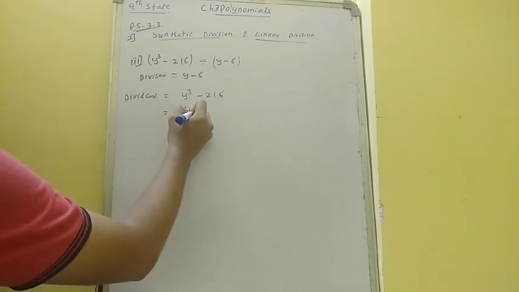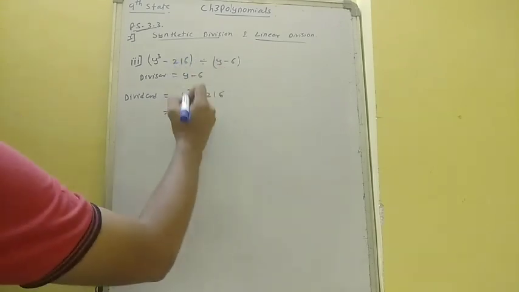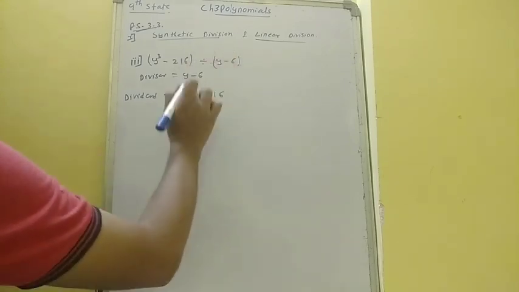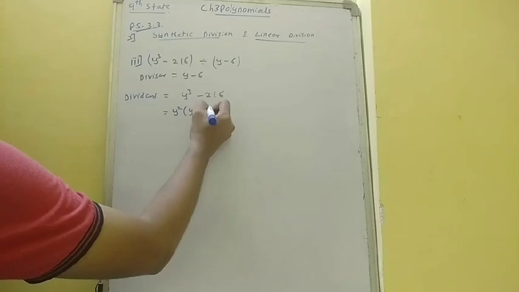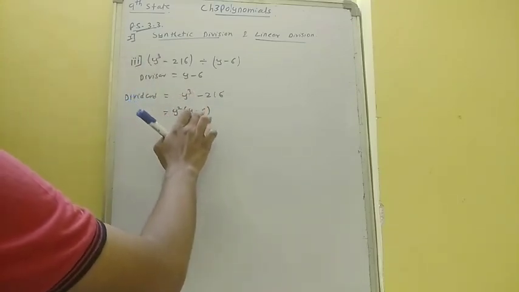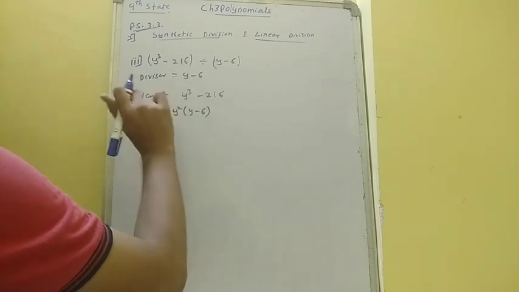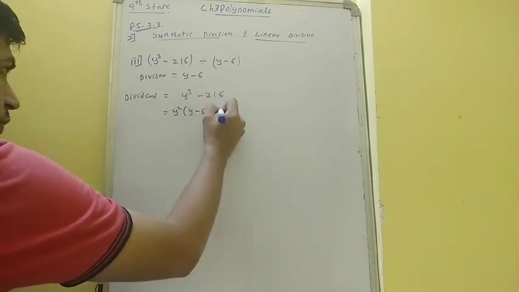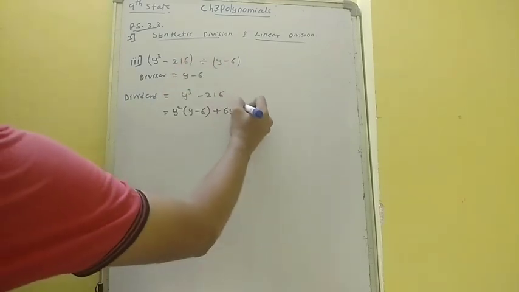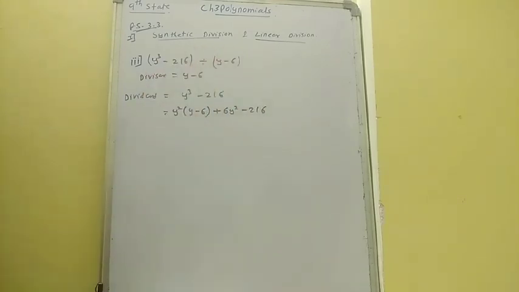So what is remaining inside? y. Okay, but I need to write this in the form of y minus 6. Okay, so I am writing minus 6 extra. So y square into y is y cube, that is okay. But y square into 6 is minus 6y square, and to balance that minus 6y square, I will write plus 6y square minus 216 as it is.